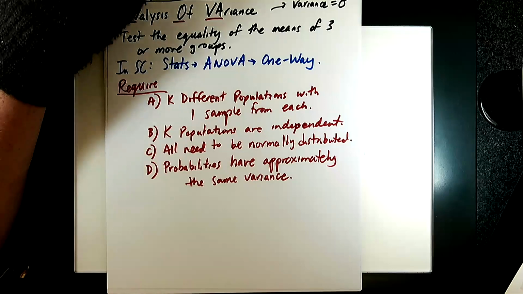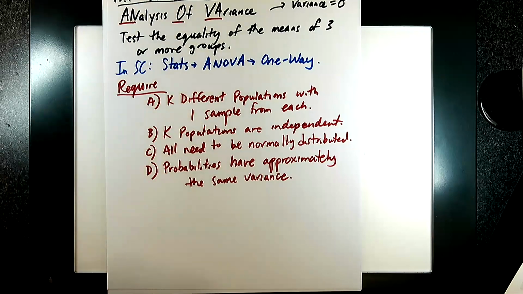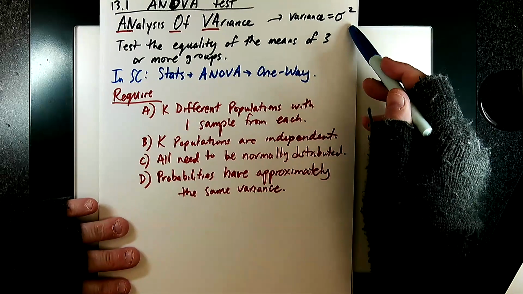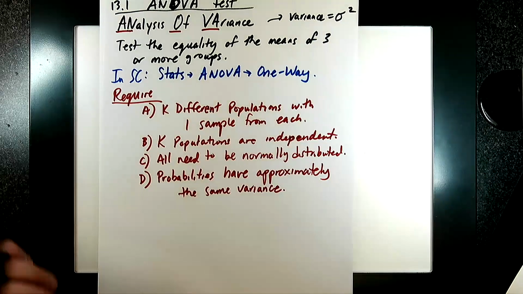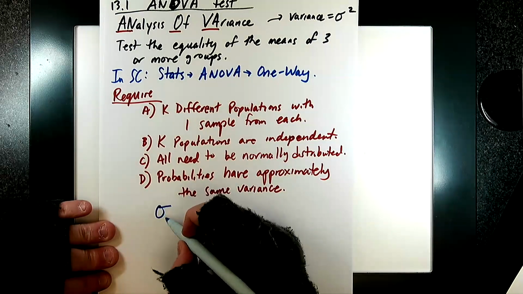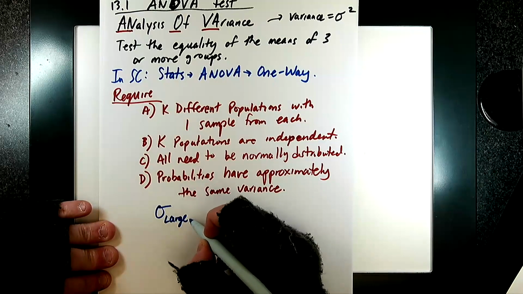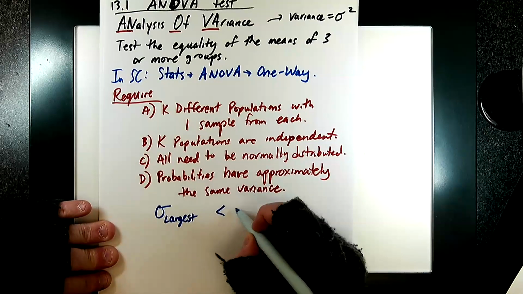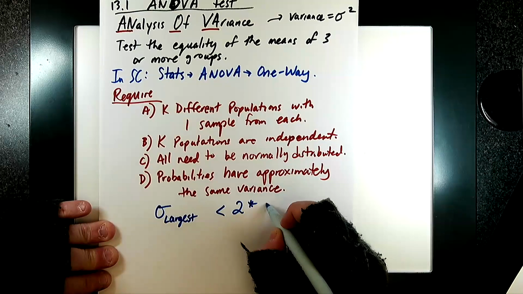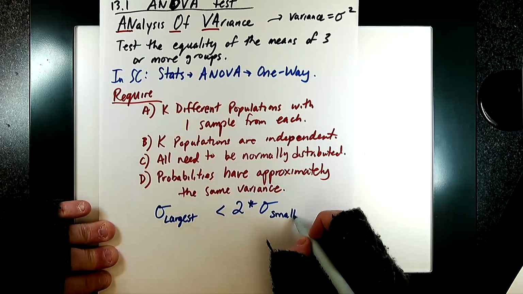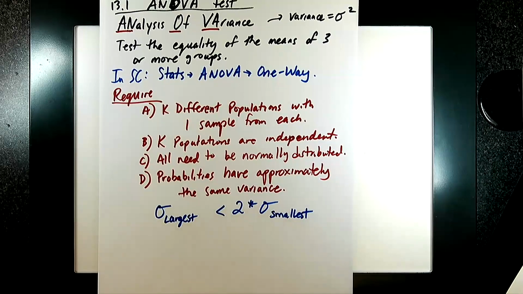The way we check this last one, since variance is sigma squared, we compare sigmas. The sigma for the largest one has to be less than 2 times the sigma of the smallest. And we'll do this in class, you'll see what I'm talking about.